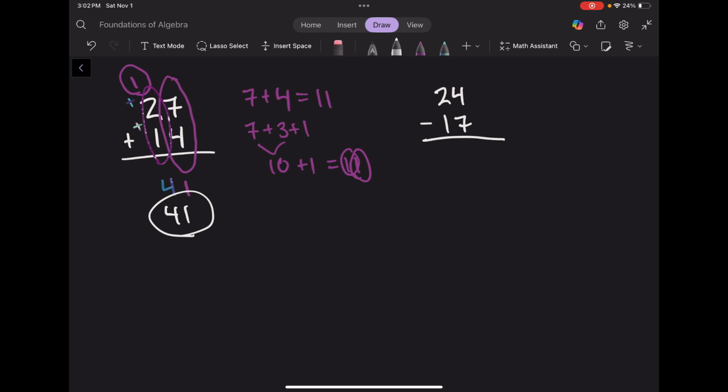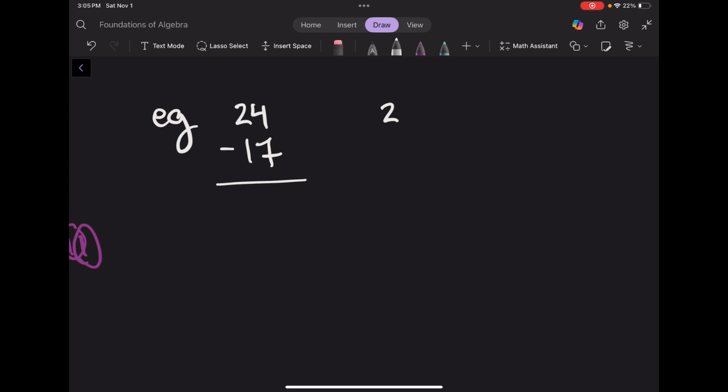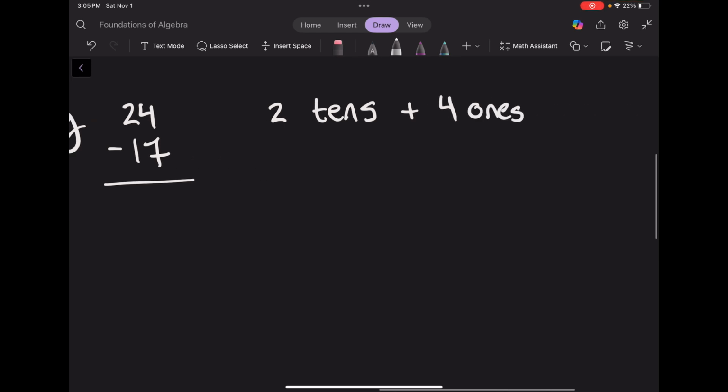So what we do is we borrow. All right, so we have 2 10s plus 4 1s. That gives me 24.